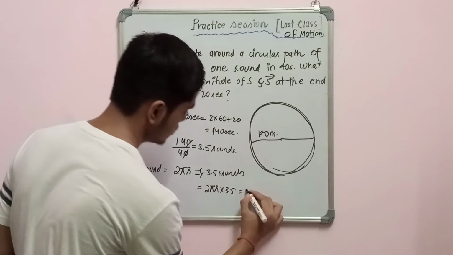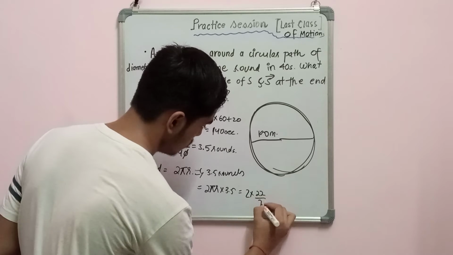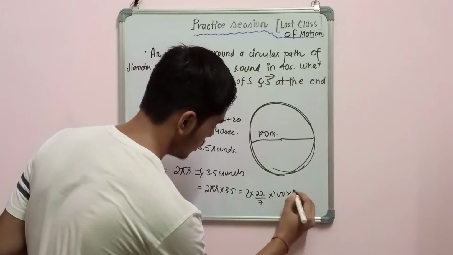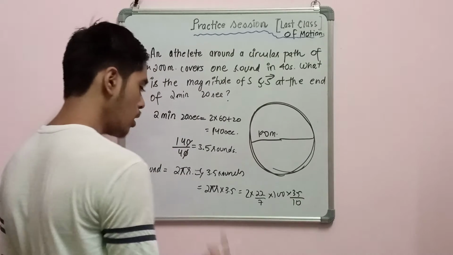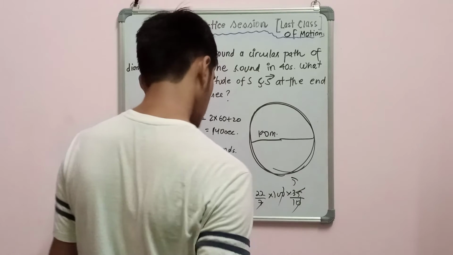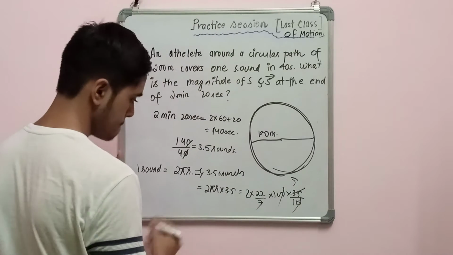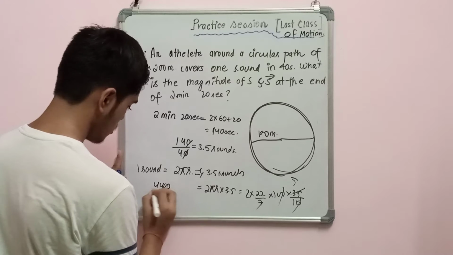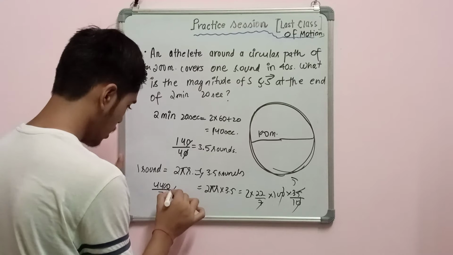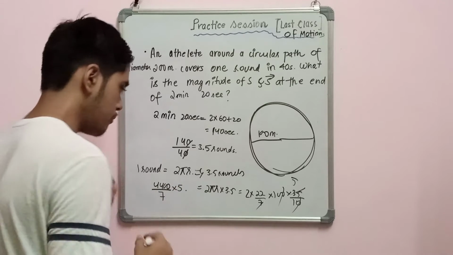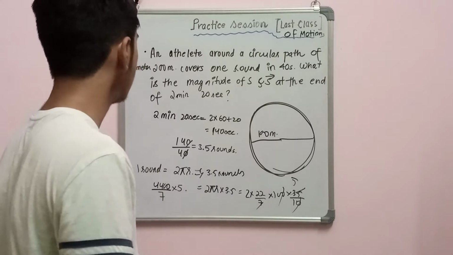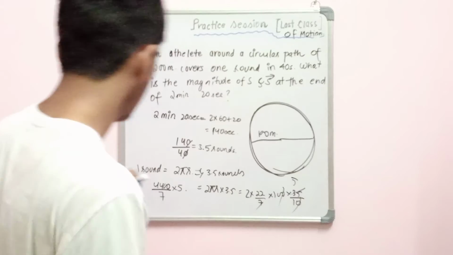Let us take 2 into 22 upon 7 into r, which is 100, into 35 upon 10. I remove the decimal and cancel it, so this will give around 4400 upon 7 into 5. Wait, 2 pi r is 2 into 22 upon 7 into r. Let me rub this out and solve it here.